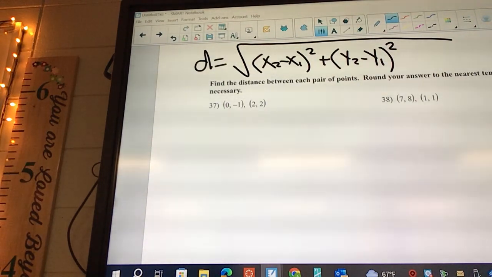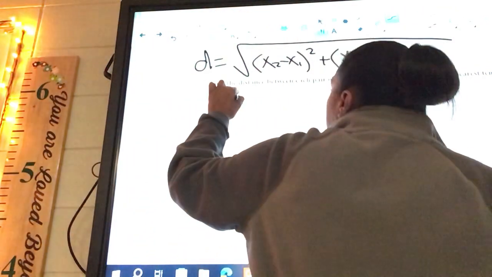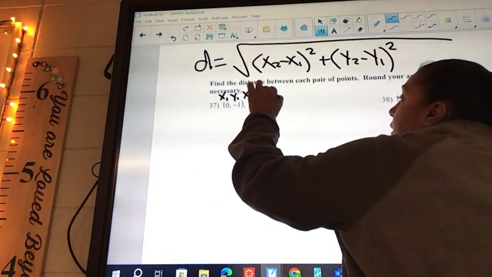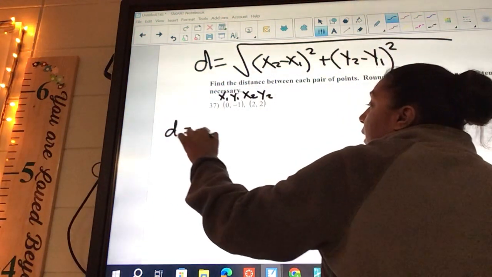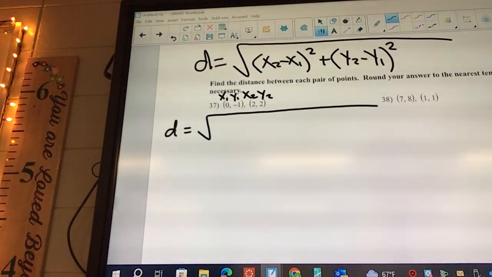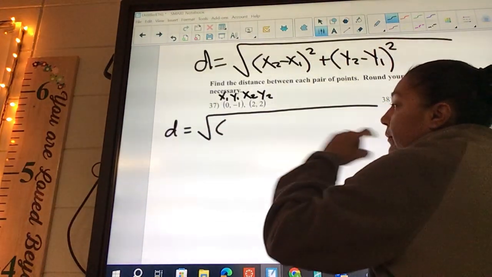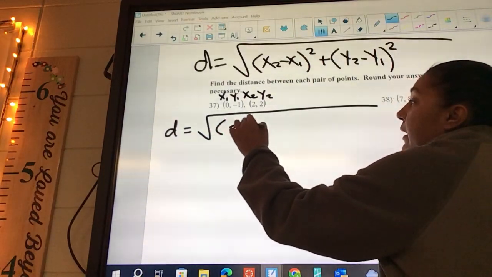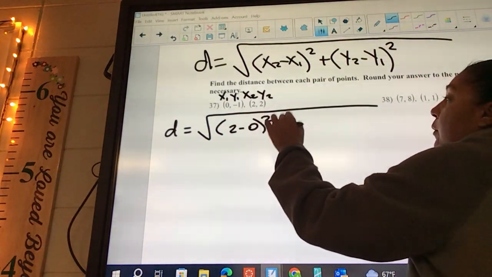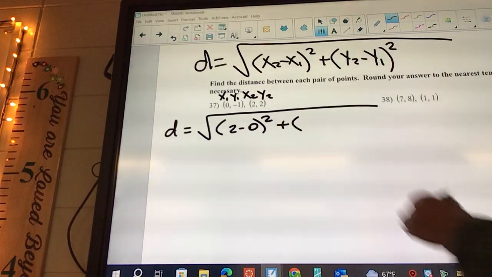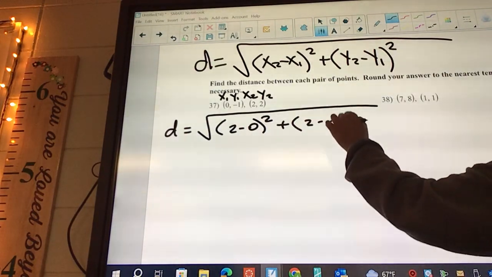Okay, so we can go ahead and label x1, y1, x2, y2. This very first one, we're going to do the long way. So x2 is what? 2 minus 0 squared plus y2, which is 2 minus -1 squared.